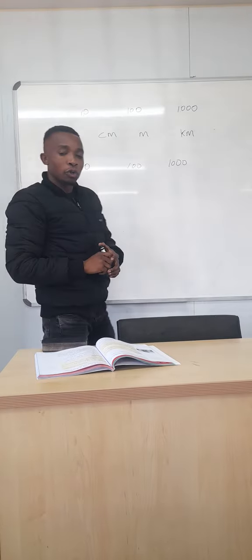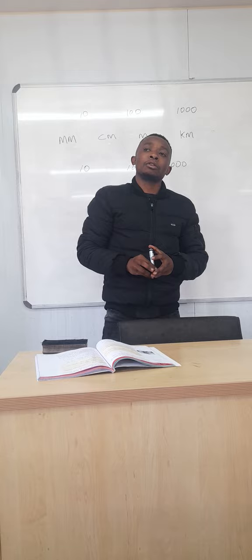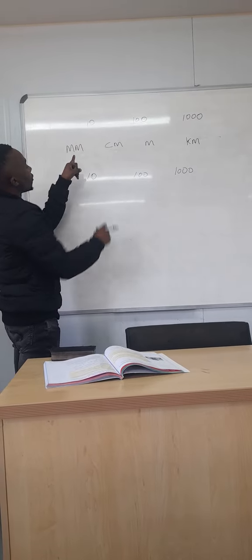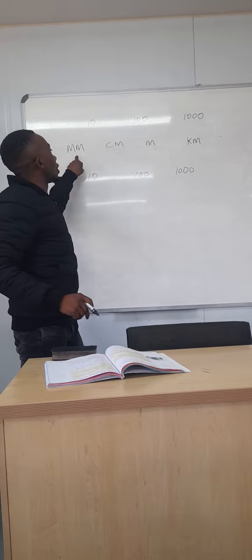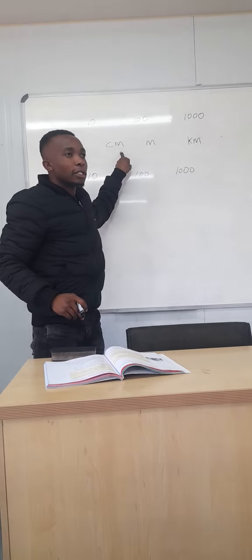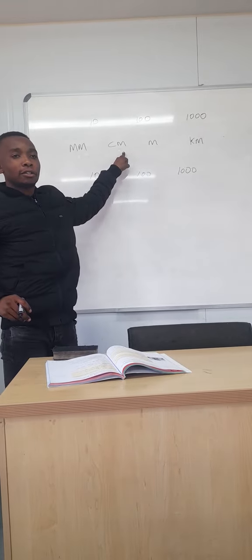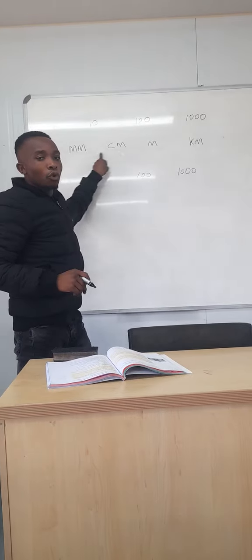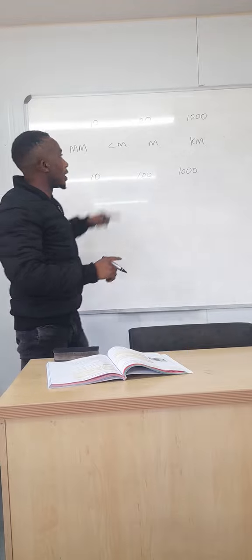Now you need to know the operations that we're going to use in order to convert. To convert, we use two operations, that is multiplication and division. If we're moving from a smaller unit to a bigger unit, we divide.